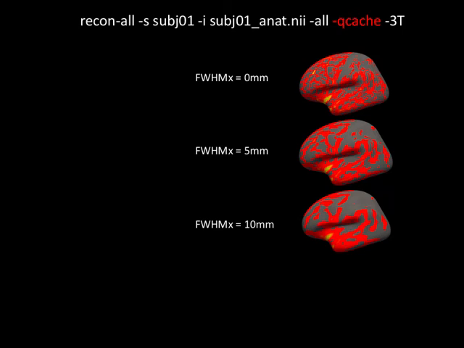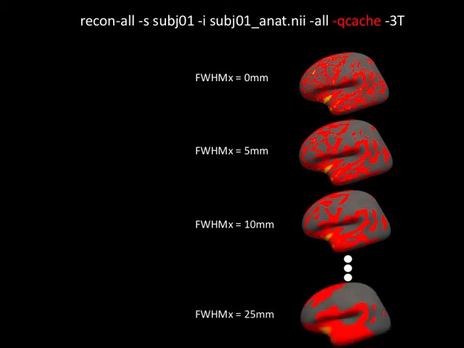As you increase the full width half max, you get smoother data maps. And qcache will do that in 5 millimeter increments all the way up through 25 millimeters. And this is important because what FreeSurfer has done, why it caches all of this, is it's cached these Monte Carlo simulations about what cluster sizes would be significant given different smoothing kernels.